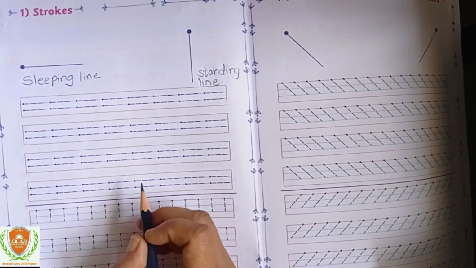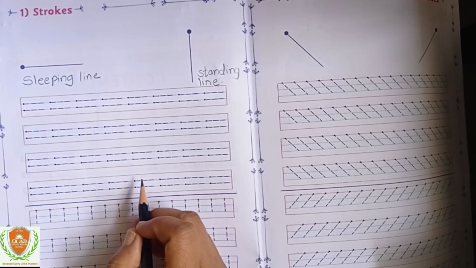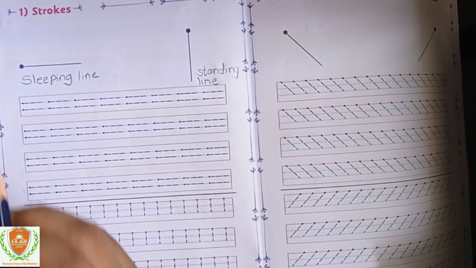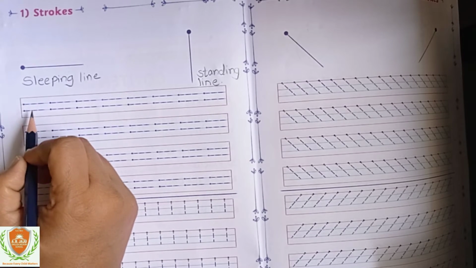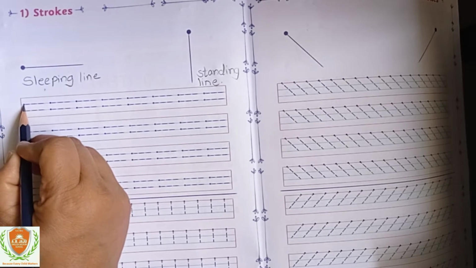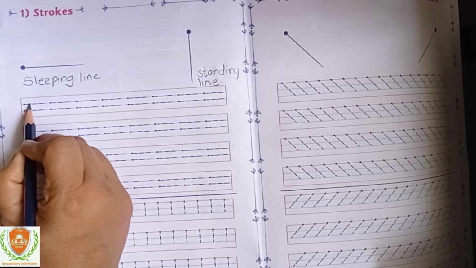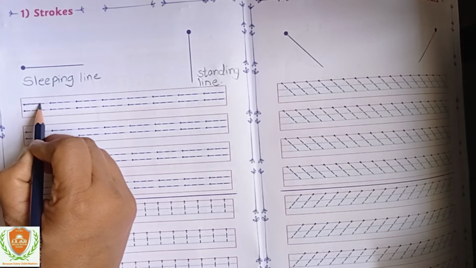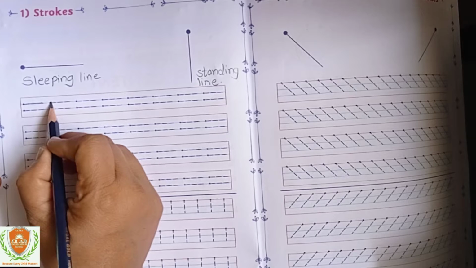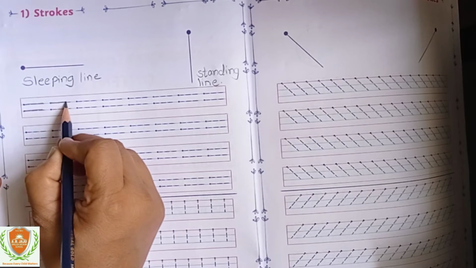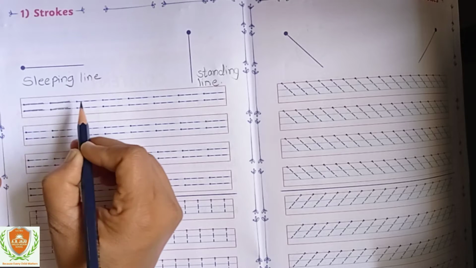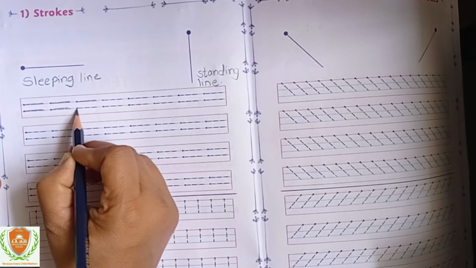Now, first I will trace sleeping line. We have to be very careful. Okay, so we have to start from left, go to the right and stop. This is called sleeping line. We have to write very properly, like this.